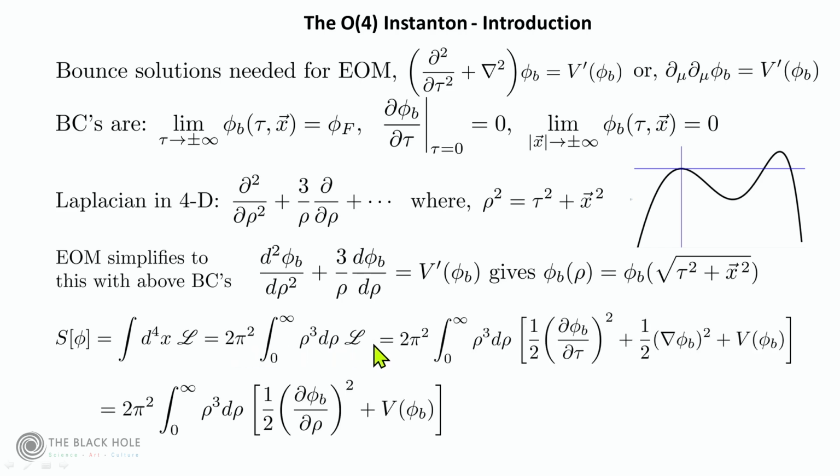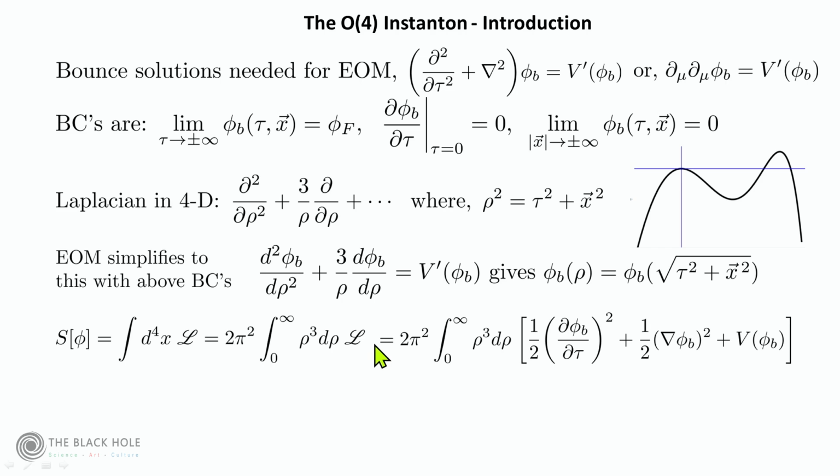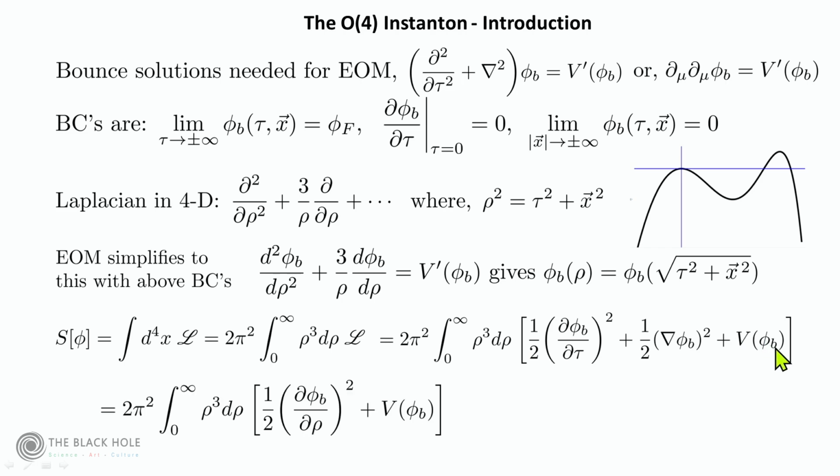So here we have rho cubed d rho. The Lagrangian is this. And now we recognize the fact that phi b just depends upon rho. So then this over here, you can easily write as this.